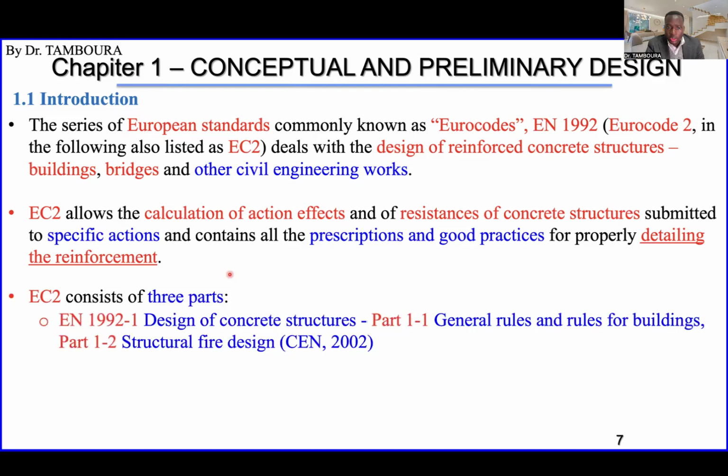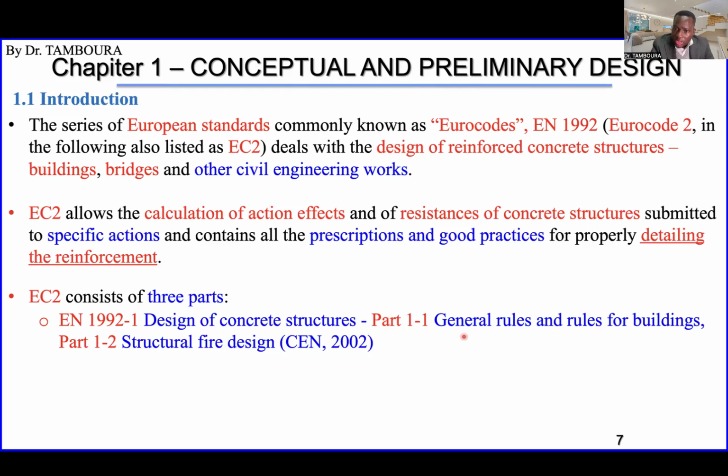The first one is design of concrete structures, general rules and rules for buildings, and also the structural fire design. So in this first section of Eurocode 2, we have 2 subsections.